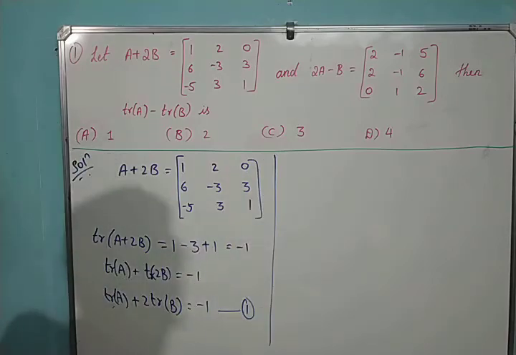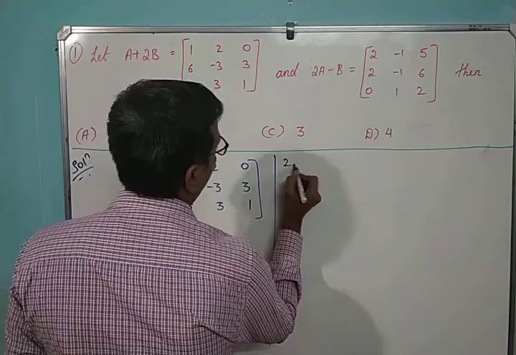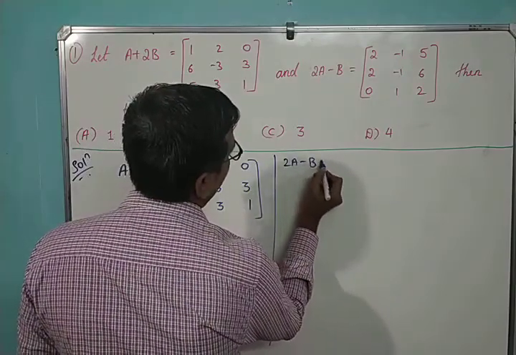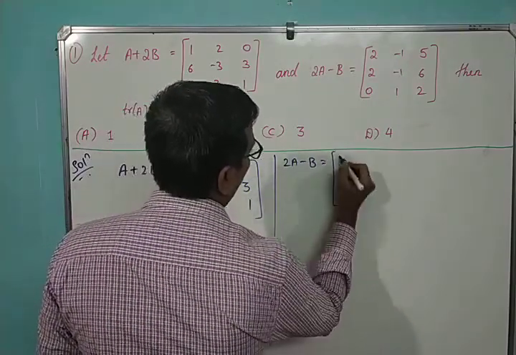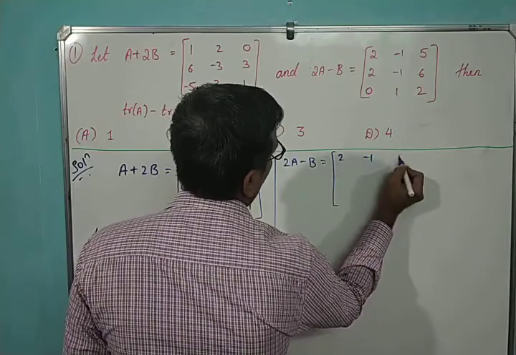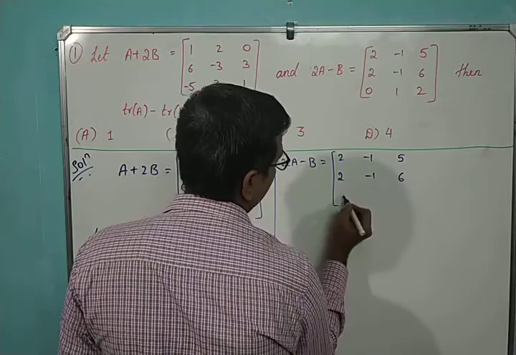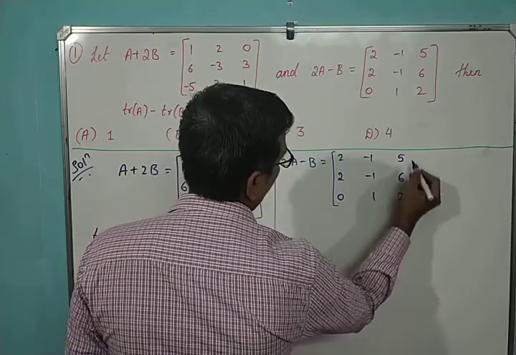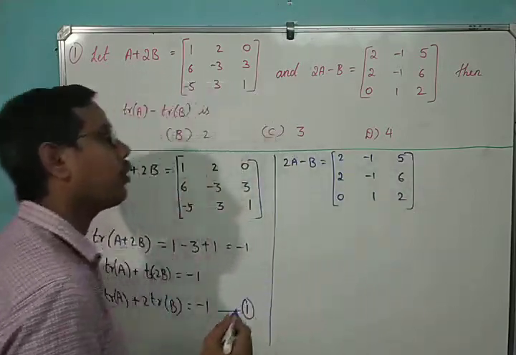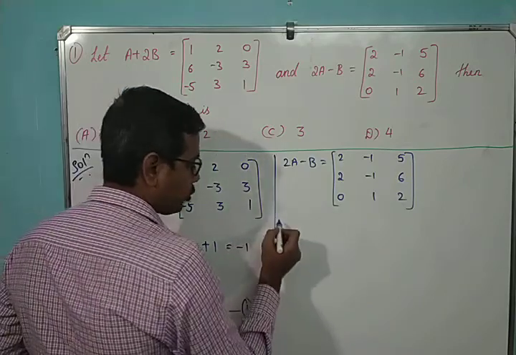Next, the given thing is 2A minus B as equal to the matrix 2, minus 1, 5; 2, minus 1, 6; 0, 1, 2. This is the given value. Similarly, apply trace to all of this.